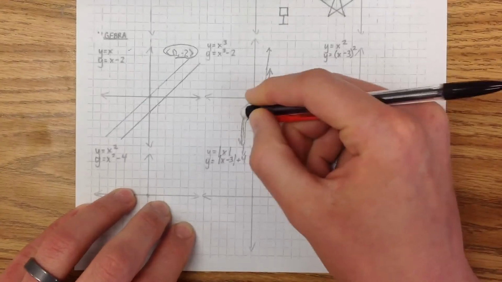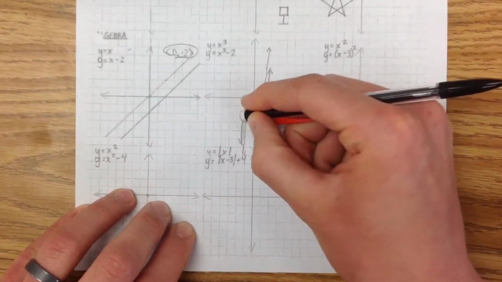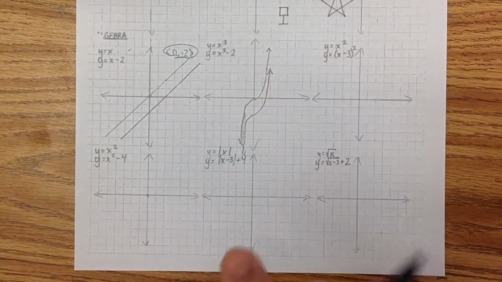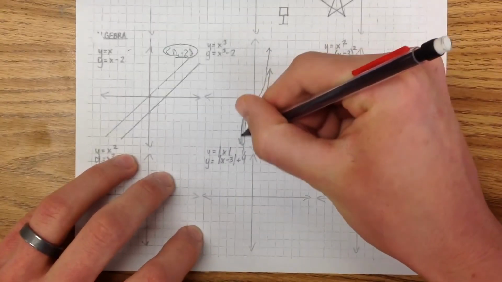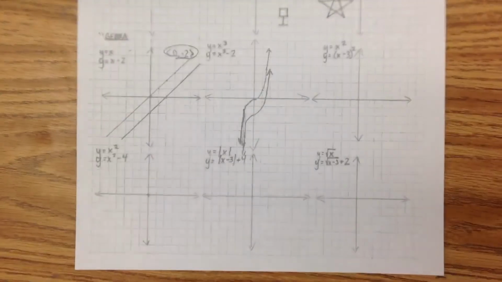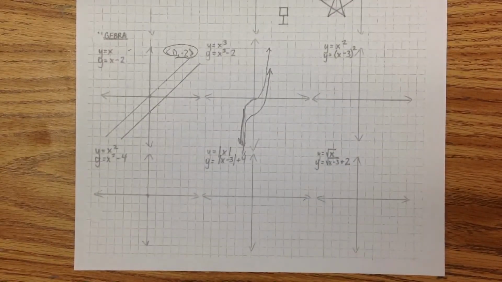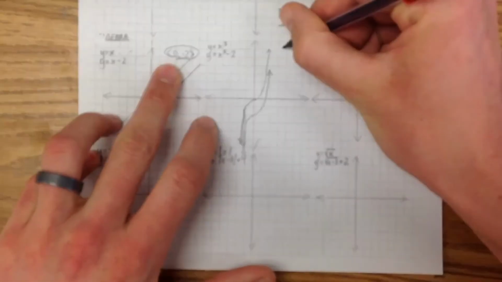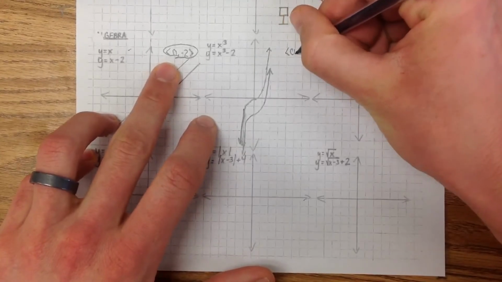Should make that a little wider. There we go. Okay, looks like that. And again, vector is 0, -2 on this one.